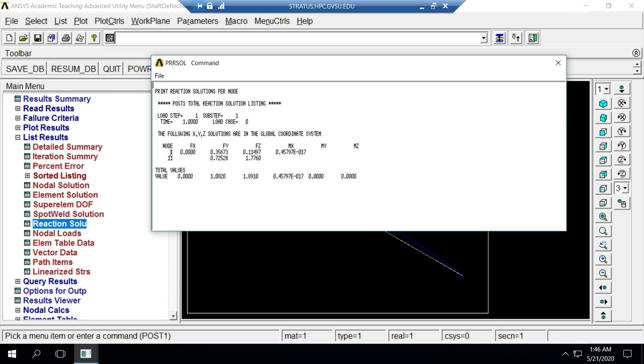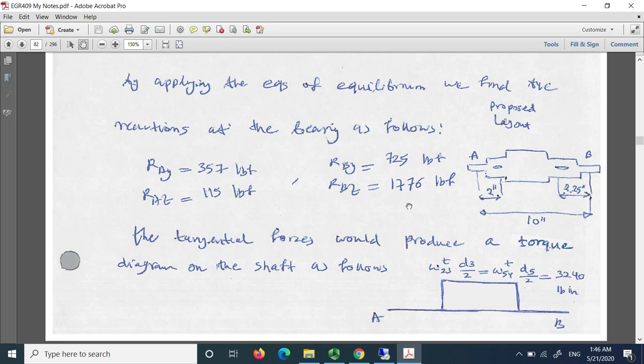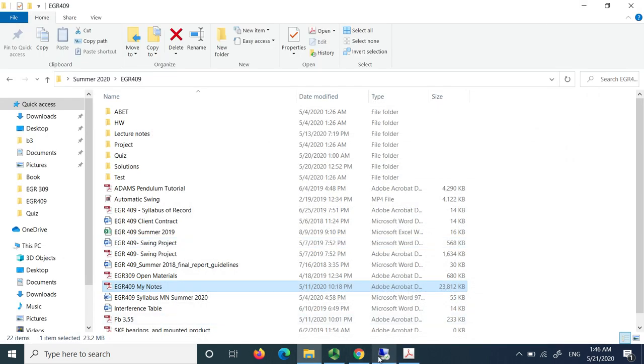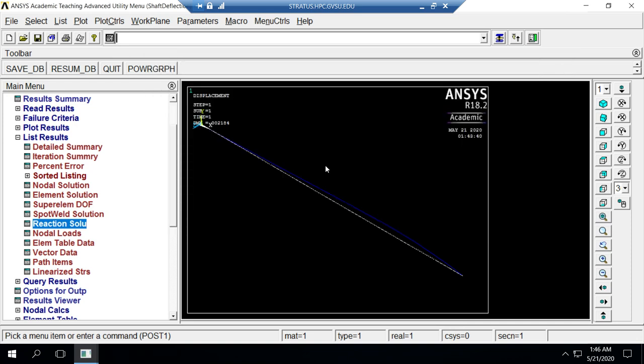So at node 11, my forces in y direction is 725 and FZ is 1776. These are the exact numbers we had from the hand calculation. So this is reassuring for us that our model is right.